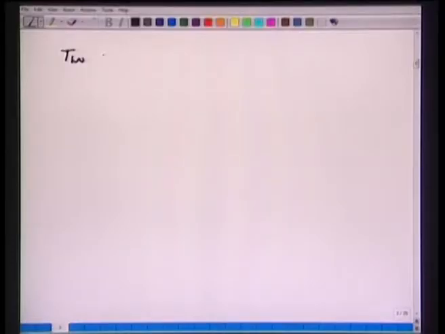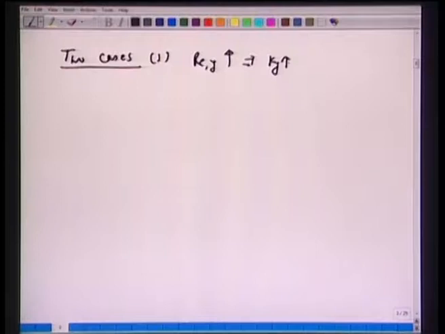Okay, so we can have two special cases which we summarize here, two extreme cases. In one case, if the Reynolds number in the gas phase is very large, it means that mass transfer coefficient in the gas phase is very large. That means the entire concentration drop which we have across the two films, we can assume is concentrated in the liquid phase, because mass transfer coefficient in the gas phase is very high.